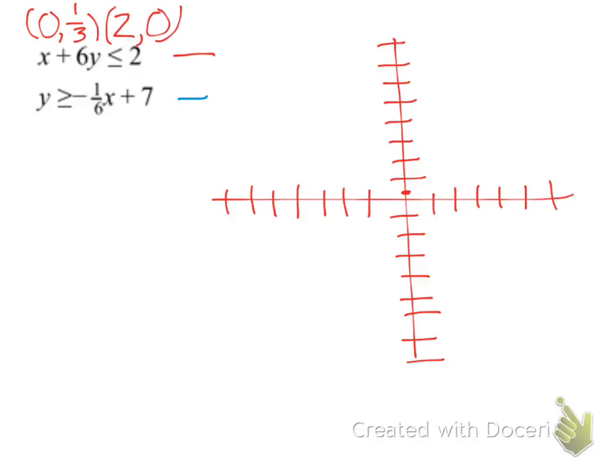And the other point is at 2, 0. So this line has a pretty low slope, right? It's a negative slope. Is it going through 0, 0? No. So that means I can use it. And if I do that, is 0 plus 0 less than or equal to 2? Yes, that's true. So I'm going to shade down.